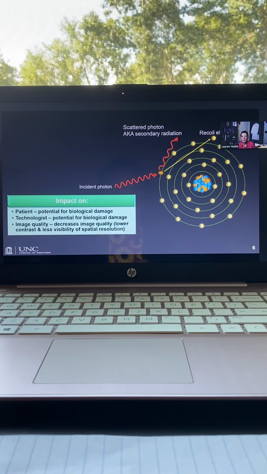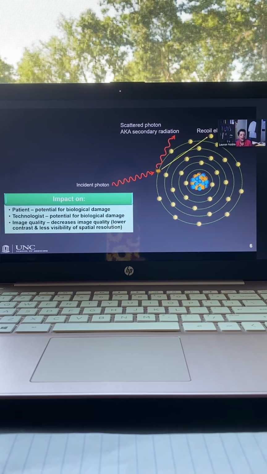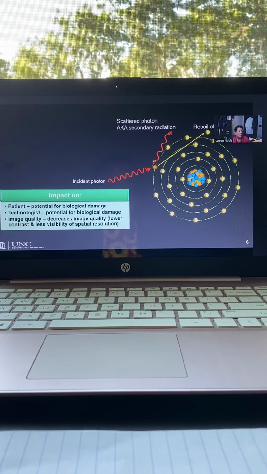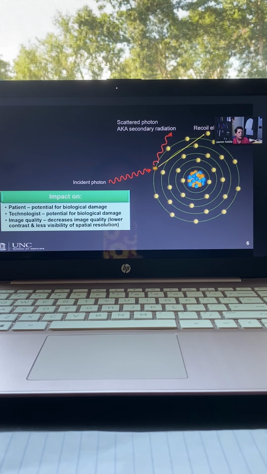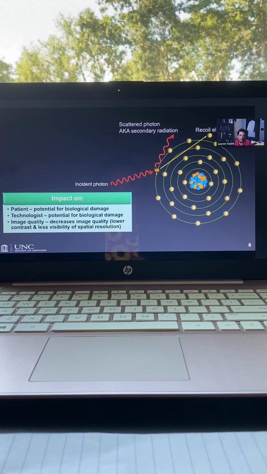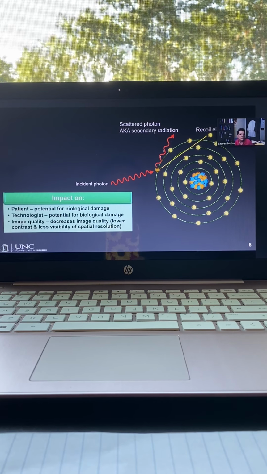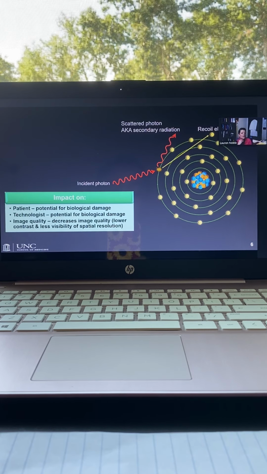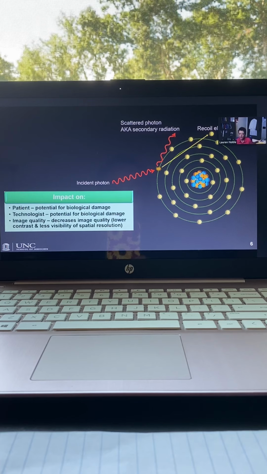So that means we have photons exiting the tube that have 120 keV worth of energy. Well, maybe only a couple keV of energy is given up to knock this electron out of orbit. So this photon may still have a good 118 keV worth of energy. So there's a chance that photon will exit the patient's body.